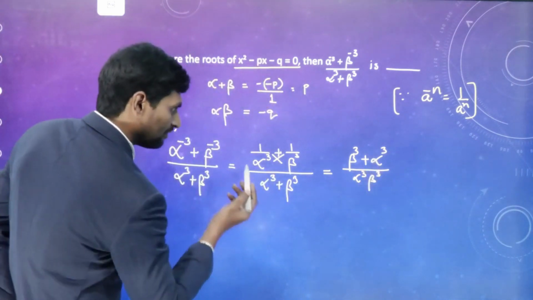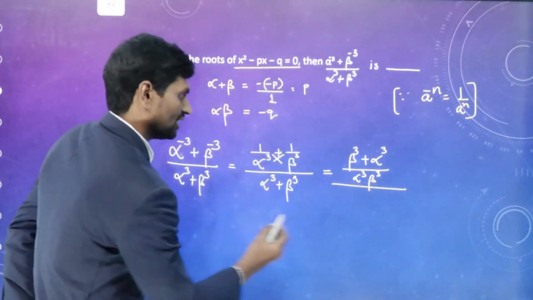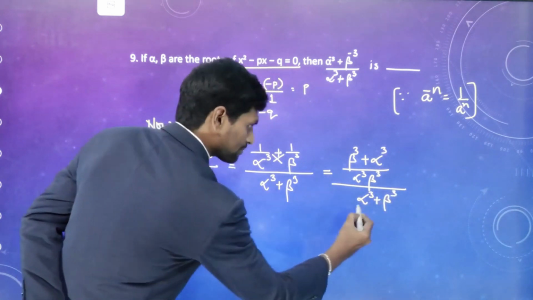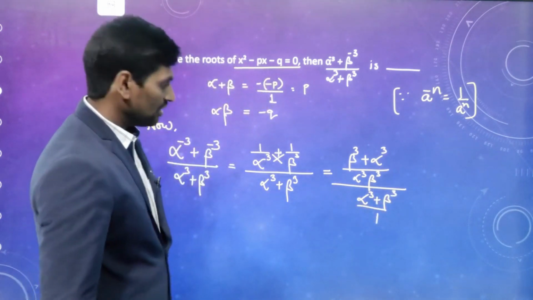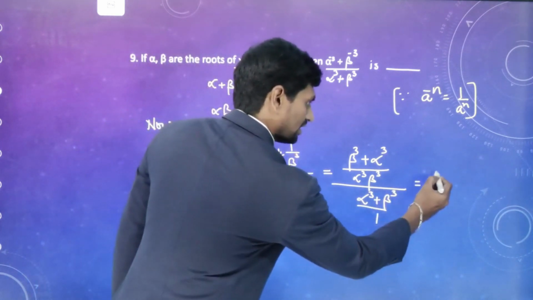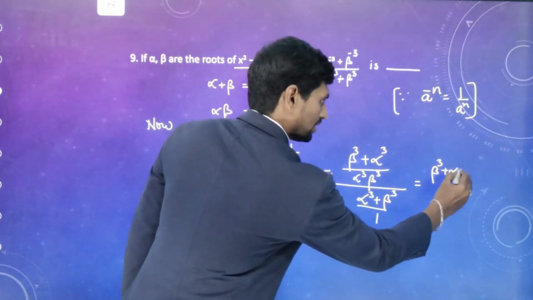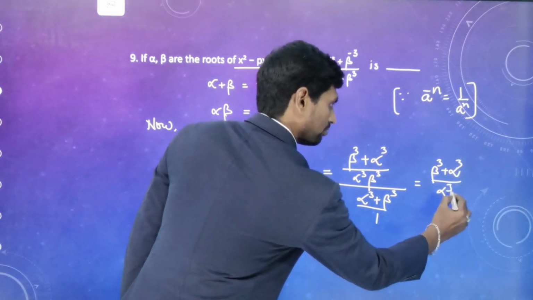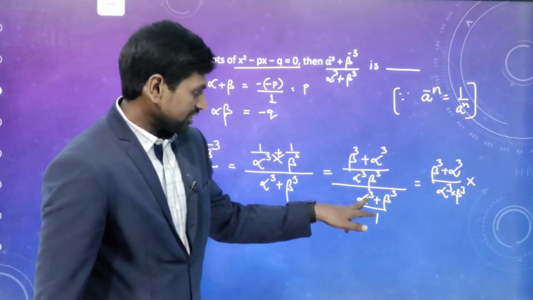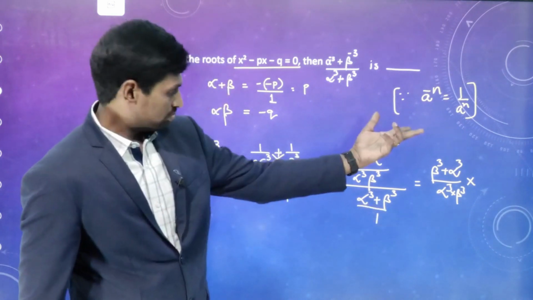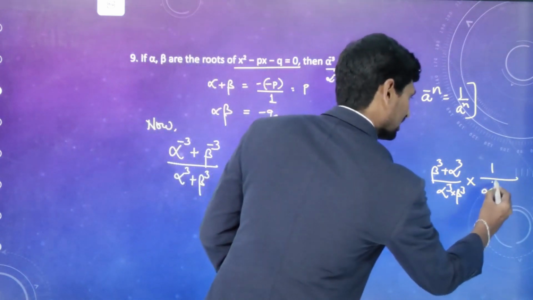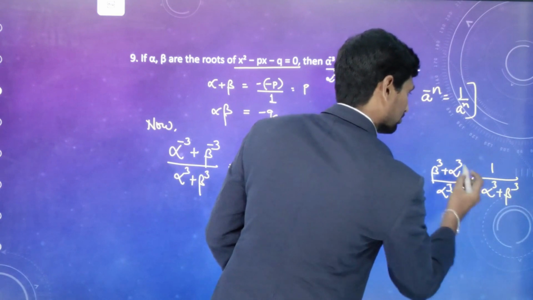Now still we have the denominator alpha cube plus beta cube. Here there is nothing, so we can write by 1. So let us transpose it to the numerator. Then it will be beta cube plus alpha cube by alpha cube into beta cube into alpha cube plus beta cube by 1. When you take it to numerator, it will be 1 by alpha cube plus beta cube.